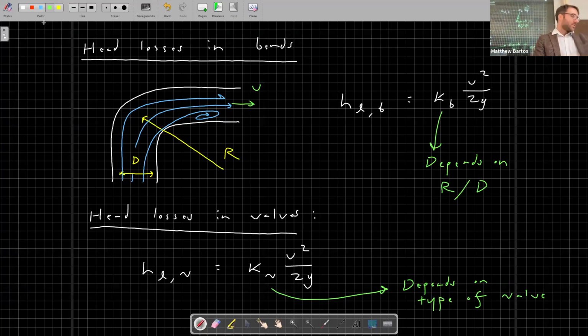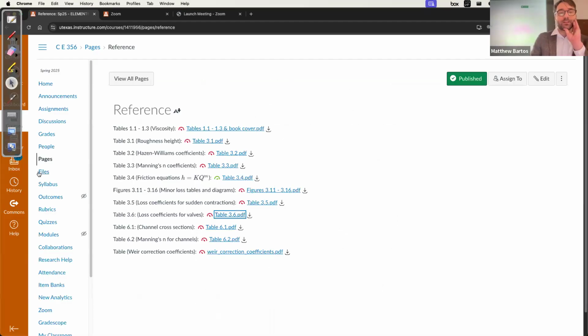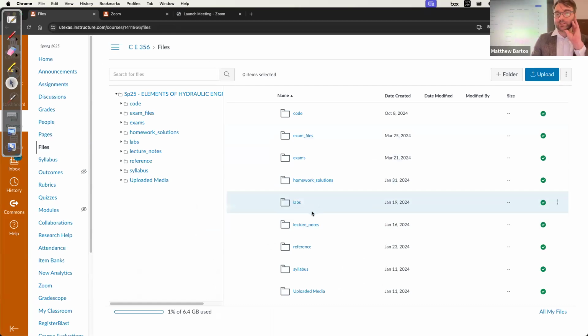All right, are there any questions on the different types of minor losses? At this point, I'm going to move on to an example that will take the rest of class. Are there any conceptual questions about the types of minor losses that I surveyed today? No? Okay. So on Canvas, under Files, I've uploaded a starter sheet for you, so go ahead and download that now.